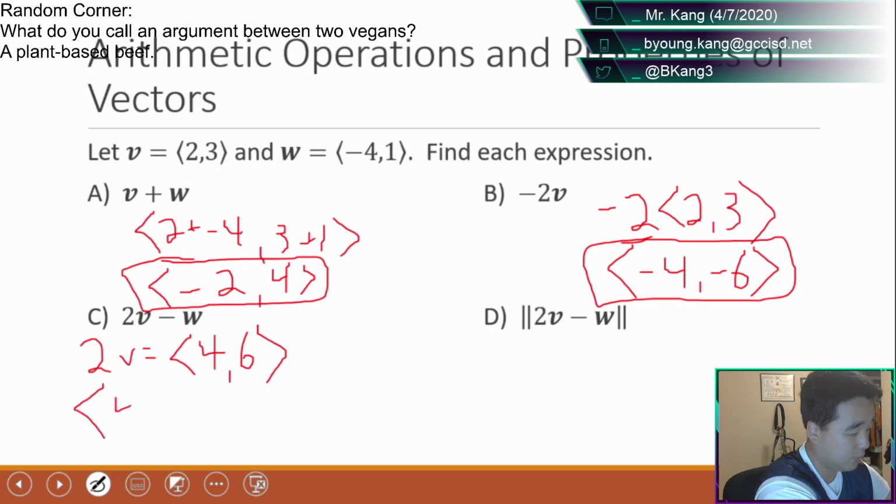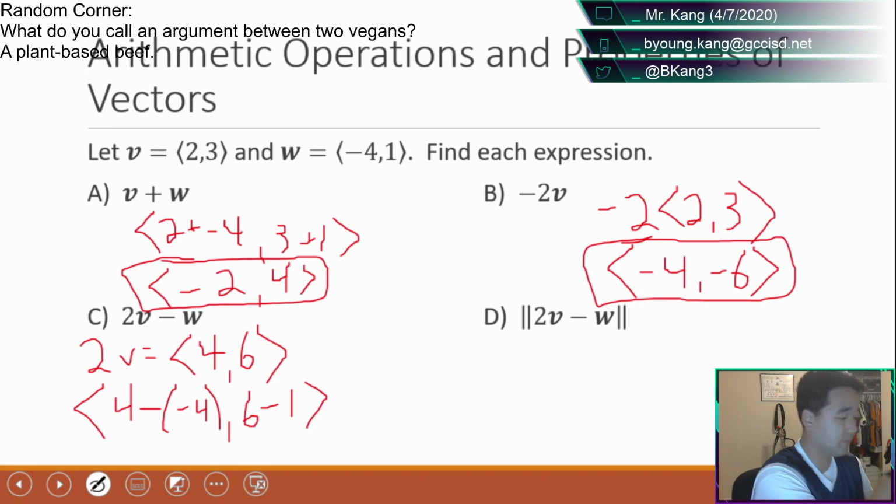So we end up with 4 minus negative 4, and then we want to subtract away 6 minus 1. So we're subtracting away w, so we end up with 8, comma 5.